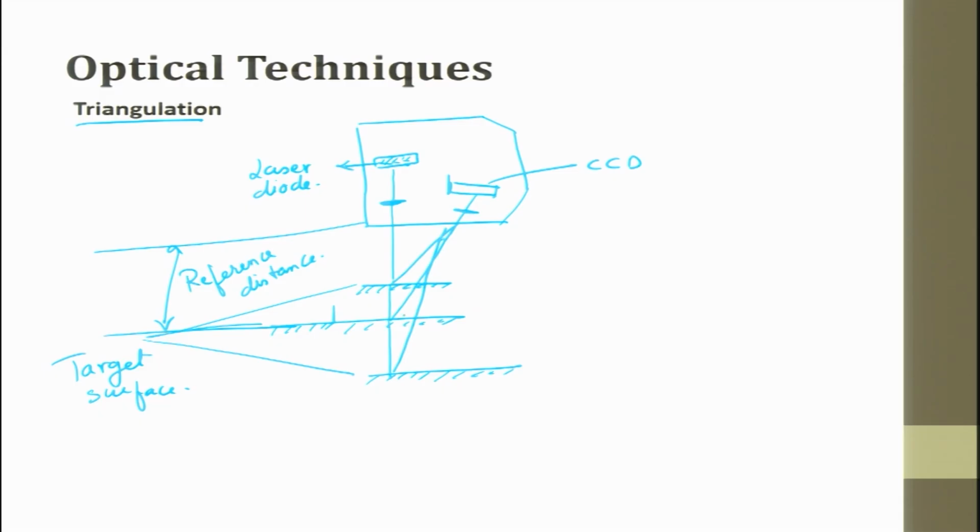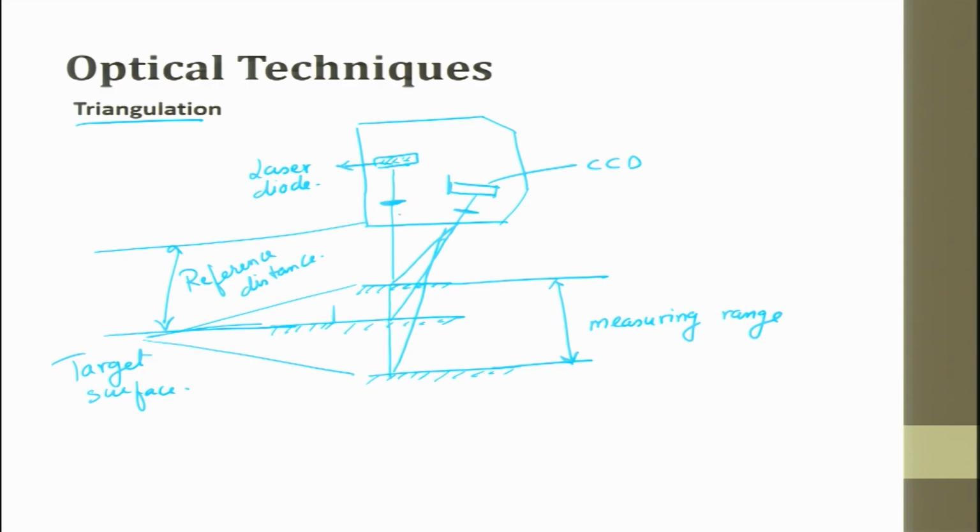This is the measuring range. So, this is how an instrument looks. This is the reference distance, this is the measuring range you have. These are the target surfaces.